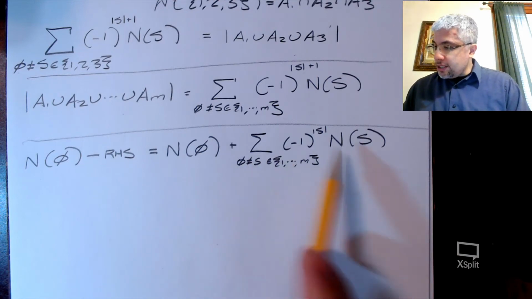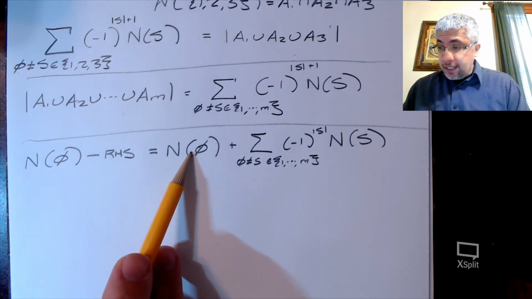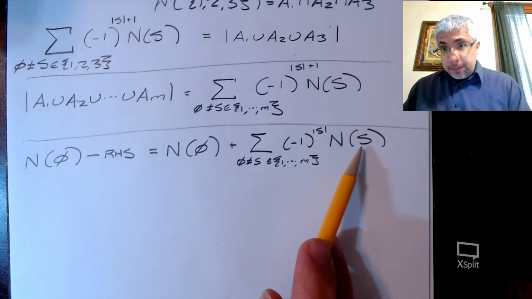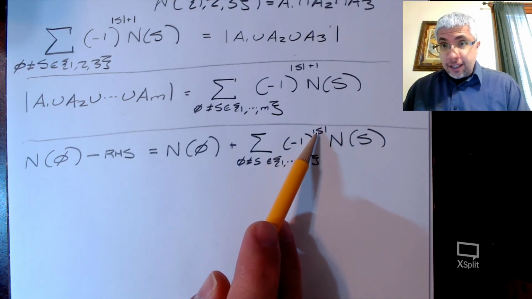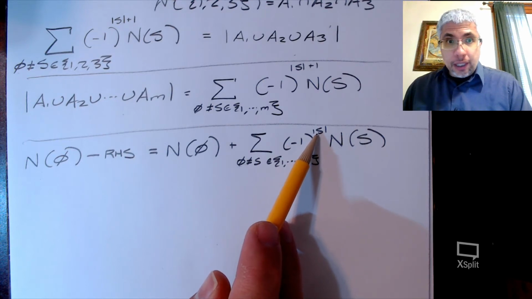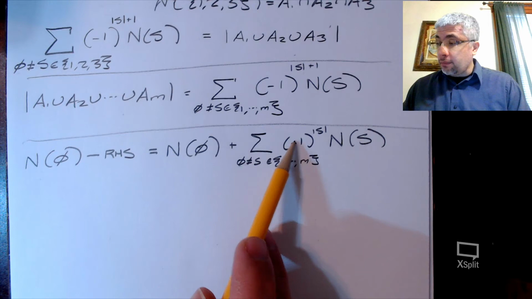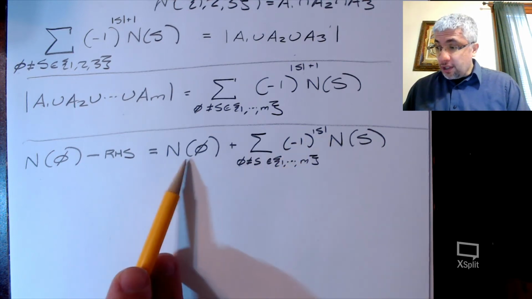So now I'm in this situation, but notice something. I've ruled out the empty set here, and I want to add the empty set here. And if I just get rid of this, I would automatically be including the empty set over here, and not only that, I would have the correct sign, because the empty set has 0 elements. And what is the size of the empty set? 0. So I get minus 1 to the 0, which would make it positive, which is what I have here.